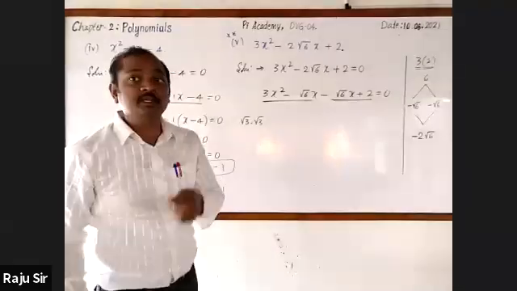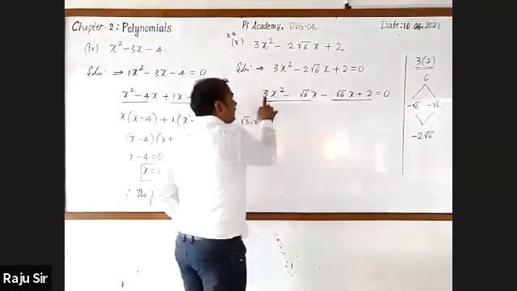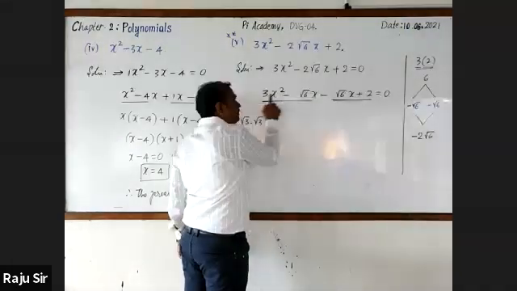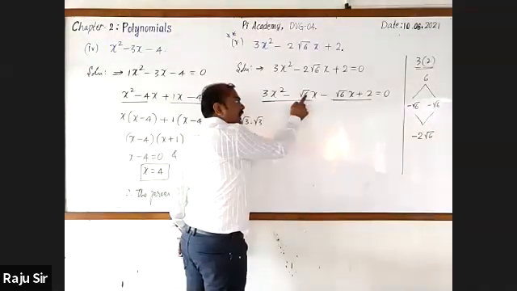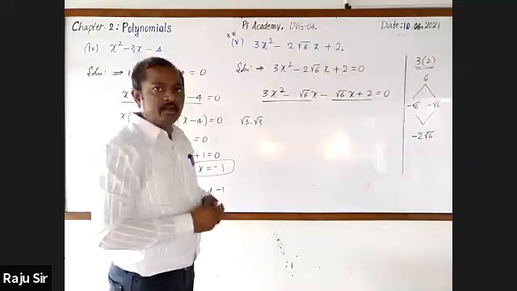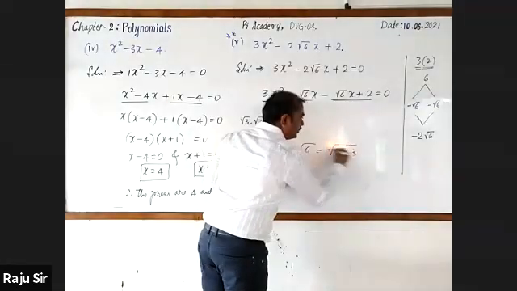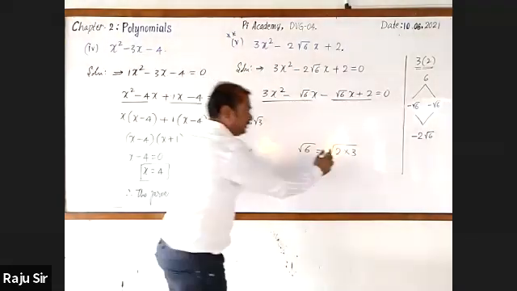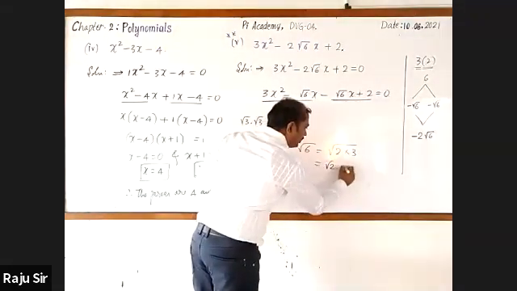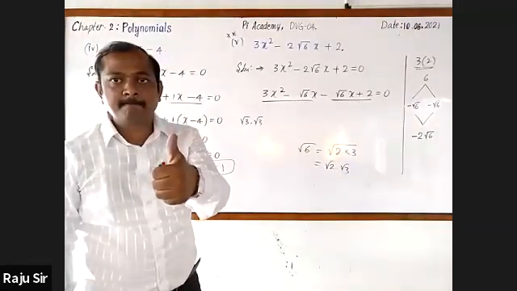You may be thinking that, sir, why do you write so? Because 6 is the multiple of 3 and this 6 can be written as 2 into 3. Root 6 is to be written as root 2 into 3 and this is to be written as root 2 into root 3. Understood? Sir, but you have written root 3 into root 3.